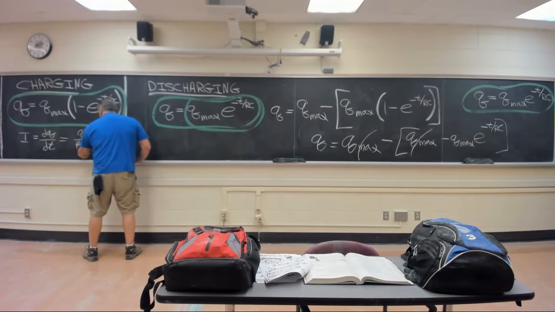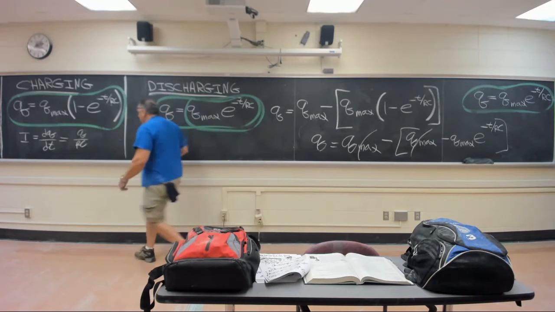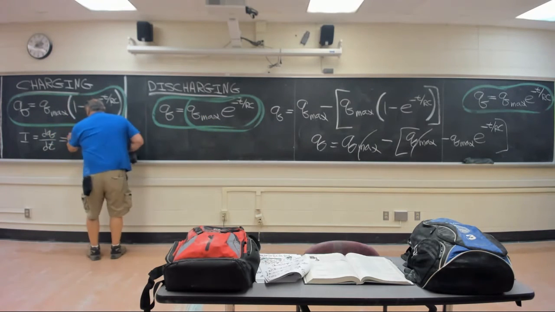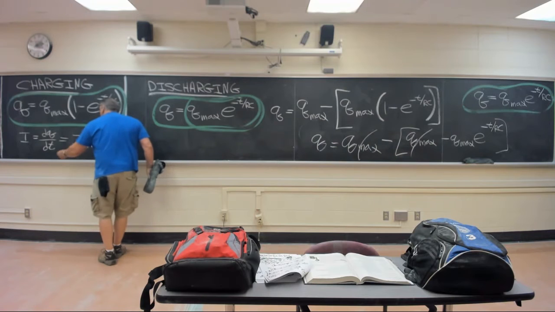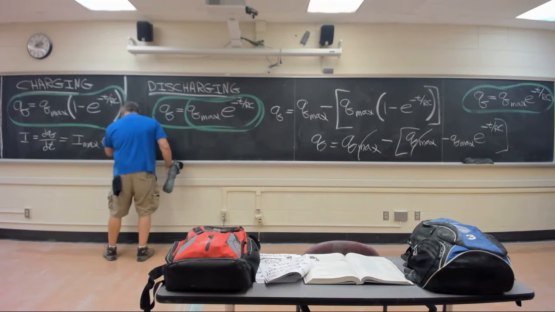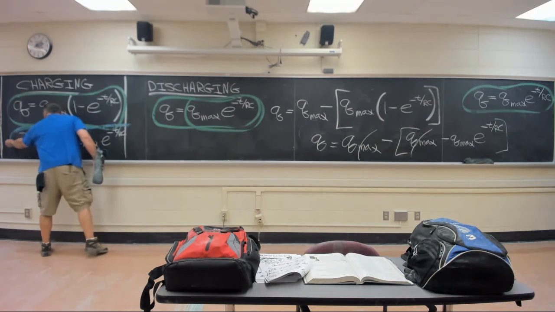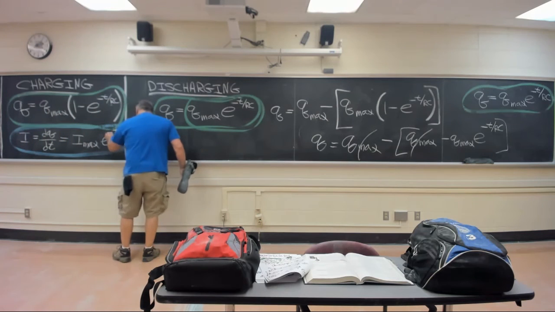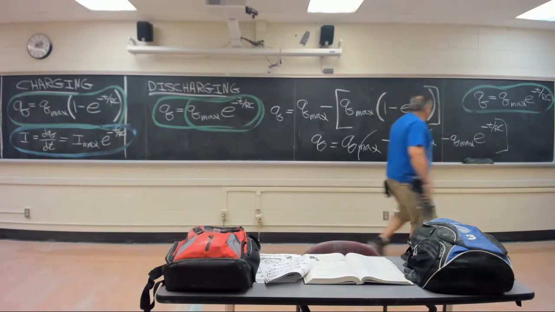Maximum voltage divided by R is I max. I max e to the negative t over RC. True, as time goes.